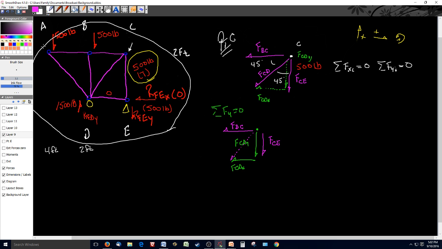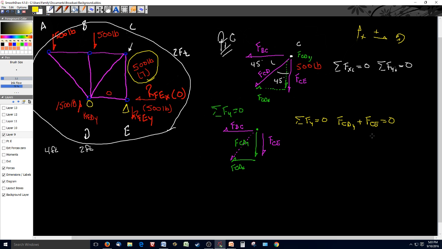So if I come in here and try to solve this, let's start out by solving in the y direction. I'm going to say the summation of the forces in the y direction equals 0. So from my diagram, I have FCD y component plus FCE has to equal 0.